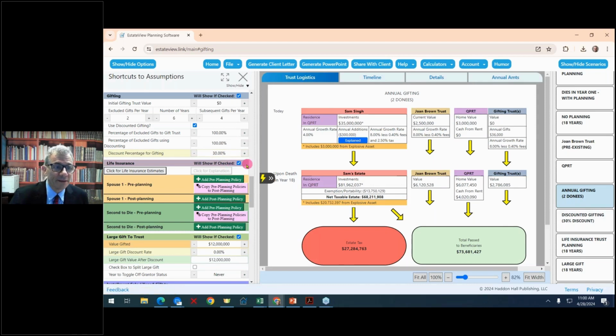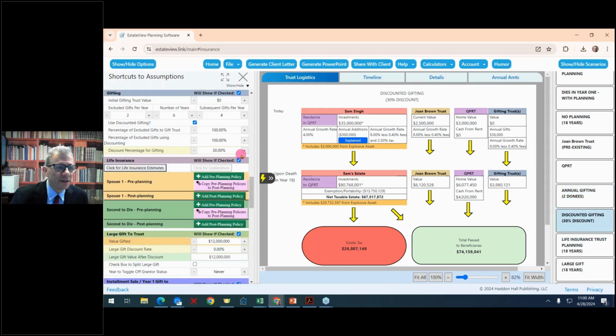Let me try again. Okay, so right now I'm showing a 30% discount for gifting. I can click on discounted gifting, and as you see, with a 30% discount and the assumptions I have here, the estate tax is 26.8 million. Well, what if I can take a 35% discount?